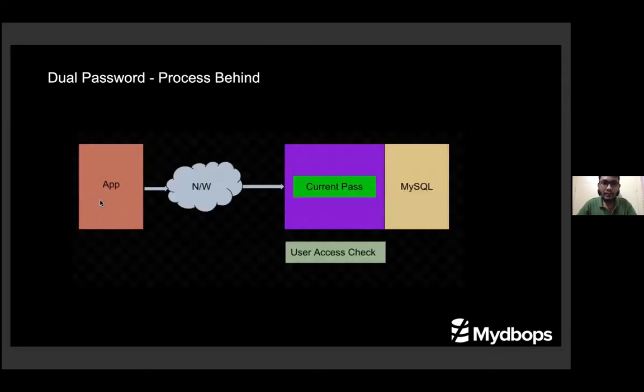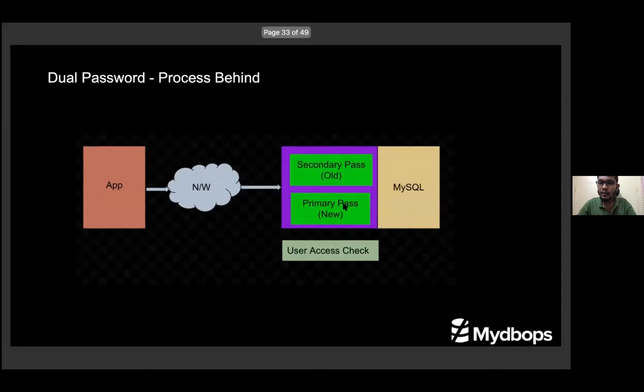So let's see how the operation behind this dual password works. This is our app, currently using one password. Whenever we want to change to a new password, MySQL will create the new password as the primary password, and the old password will be named the secondary password.